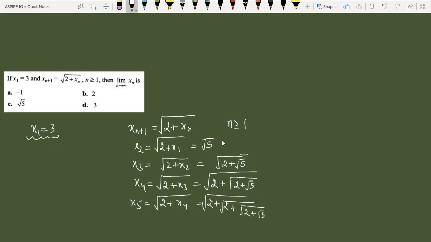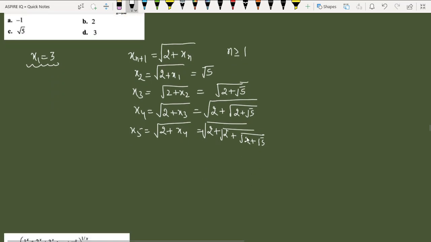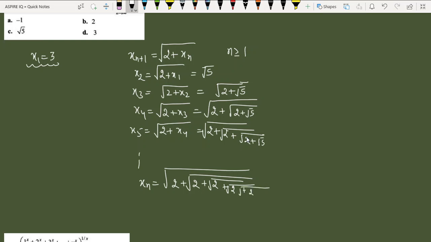So similarly, as it goes on to n, you will get an expression like this only: root of 2 plus root of 2 plus root 5, and so on.